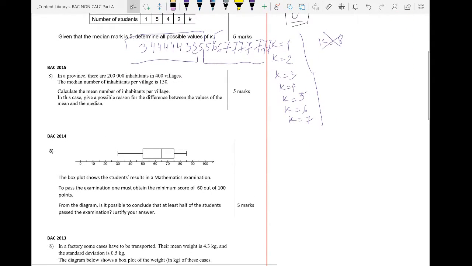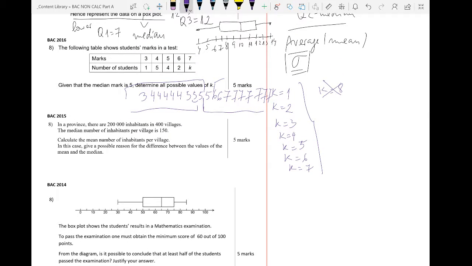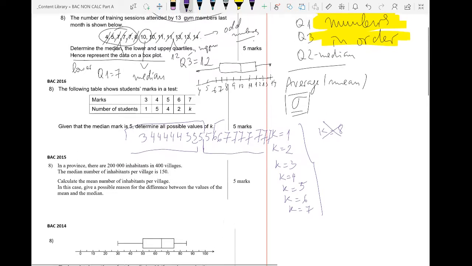The box plot shows the results. It's possible to conclude that at least half of the students passed; justify your answer. What does it show us?